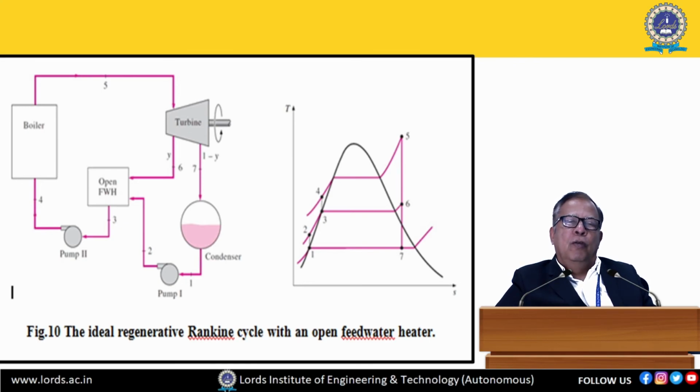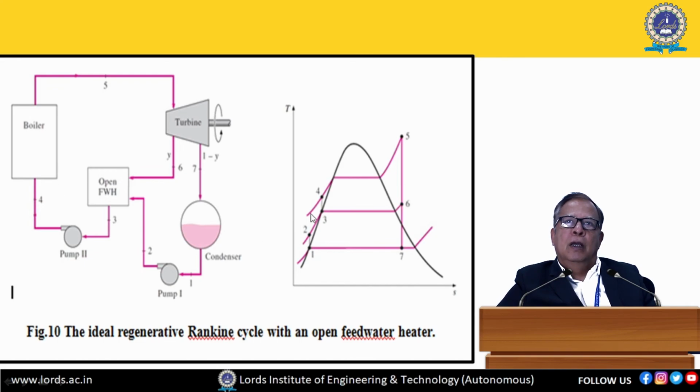So that means we are able to increase the temperature of the feed water in this case. Thereby, what is happening in the boiler, we use less fuel. So now, because the temperature of the feed water is increased, because we are adding the feed water at high temperature to the boiler.